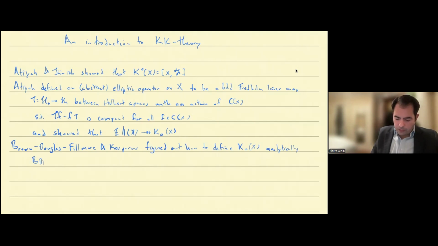So BDF came at this by classifying short exact sequences where you have the compact operators, then a C-star algebra E, and then the continuous functions on X.